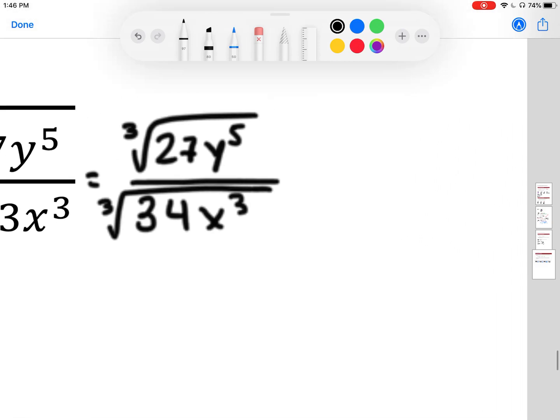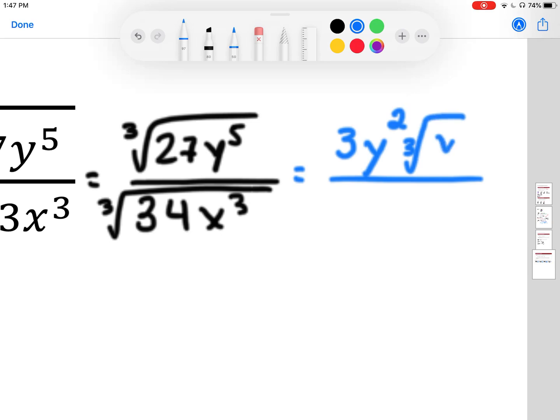I can take the cube root of 27, and that gives us 3. Now for my y's, 5 divided by 3, it goes into it once, and I have a remainder of 2. So y squared stays within the radical.